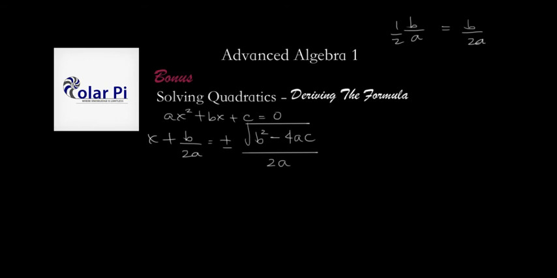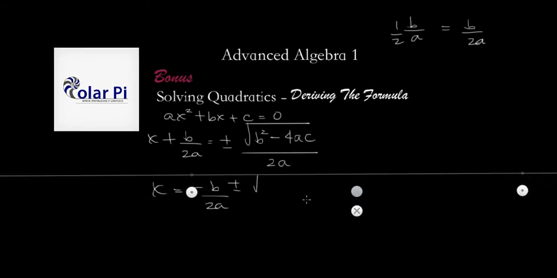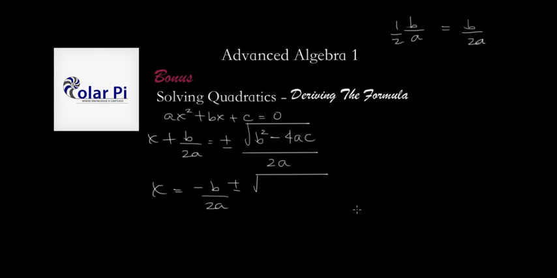Once we subtract b over 2a from both sides, we will get x equals negative b over 2a plus or minus the square root of b squared minus 4ac, and then this is divided by 2a right here.